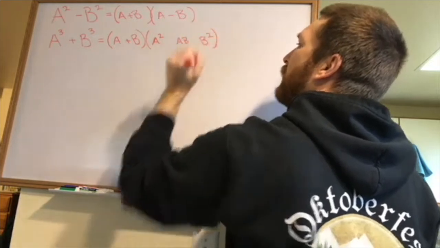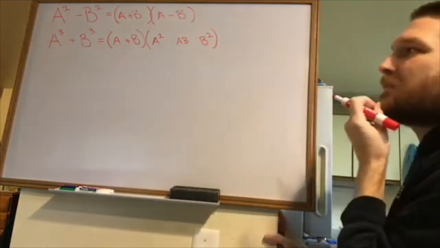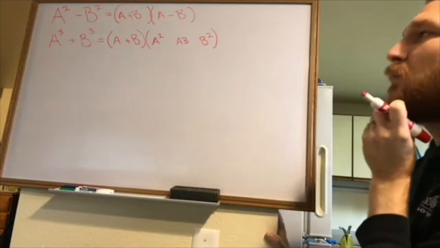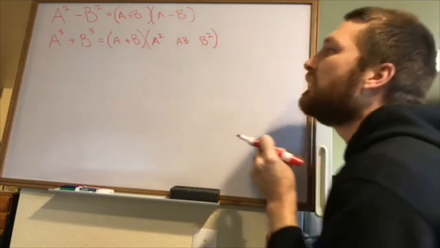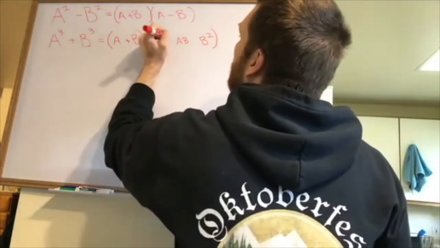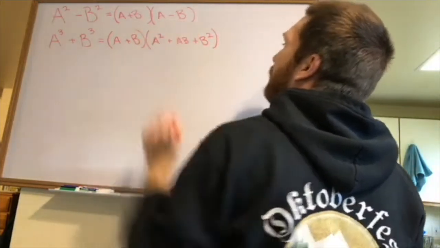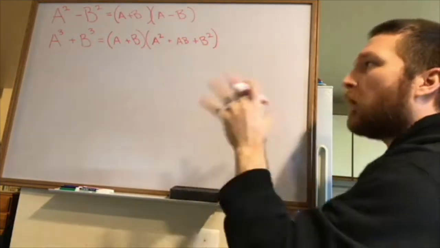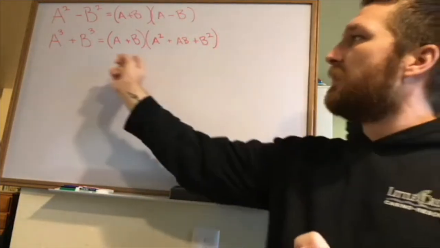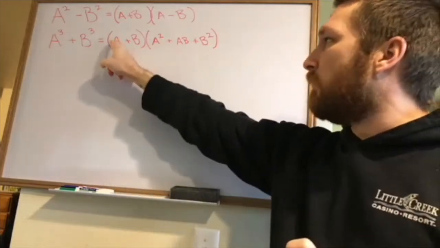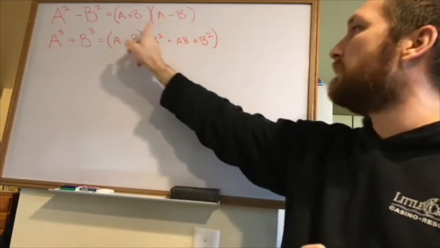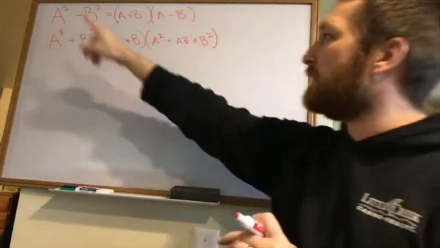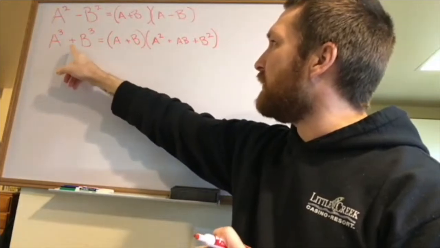You'll notice how I wrote that. I didn't write out the pluses or the minuses first, and you will see why in just a second. That's what it turns out to be. And again, if you wanted to, you could verify that this works by multiplying everybody through and then adding them together. You'll see that you get this.